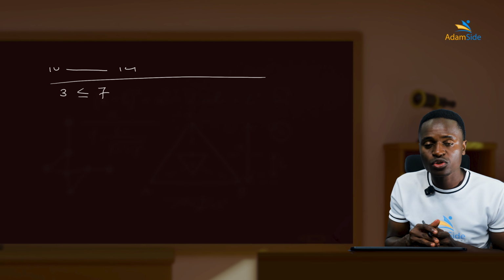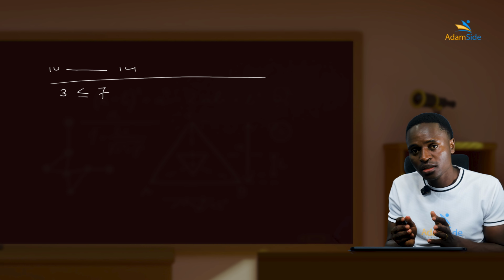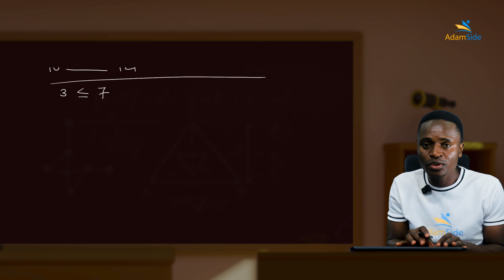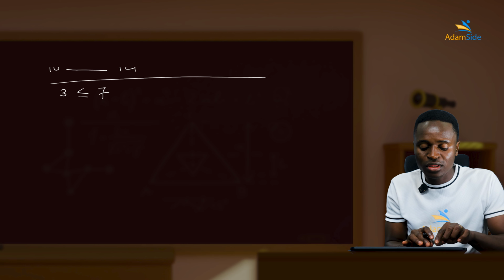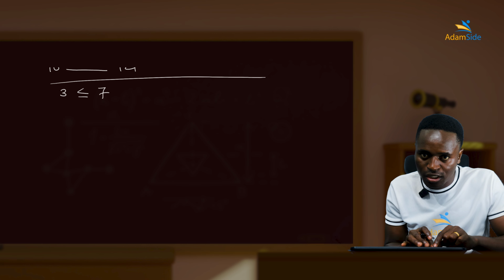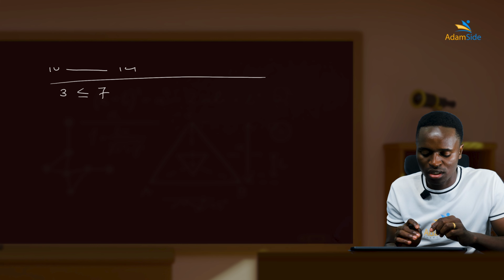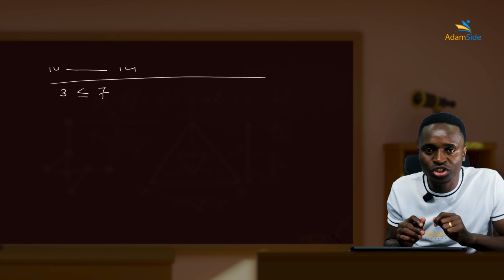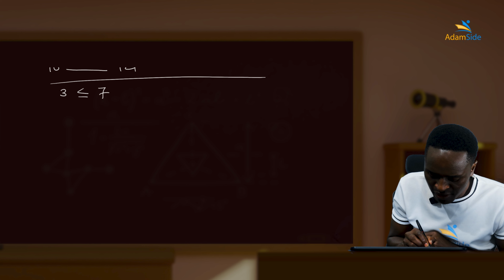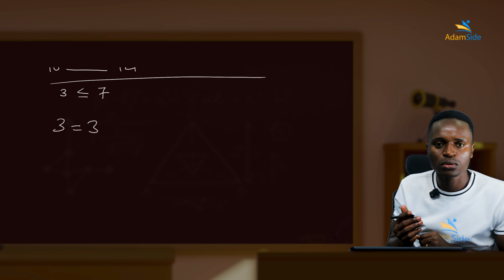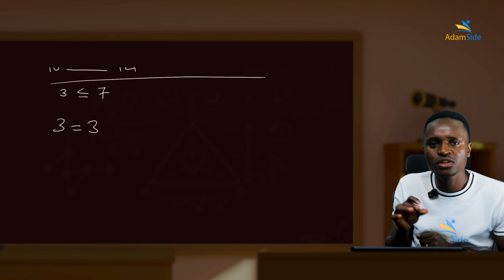This means the solution here, 3 can be less than or equal to 7. So in this inequality, when you're comparing these two numbers, 3 is less than 7, yes, but it's also part of the solution. Are you together? So even 3 can be the solution. Sometimes you might have 3 equal to 3. This means these ones are equal. 2 is equal to 2.